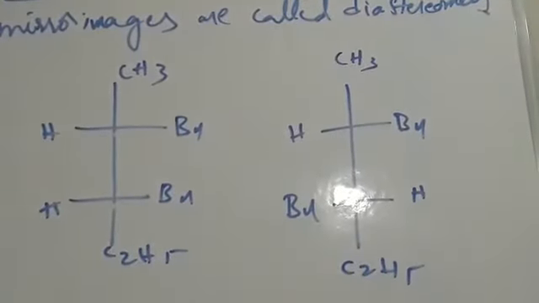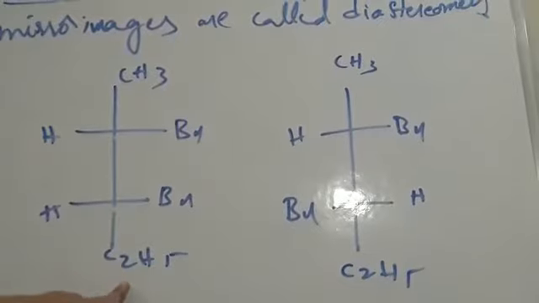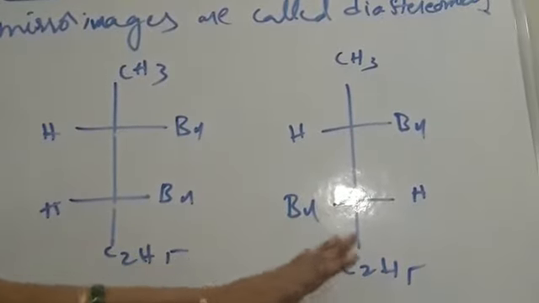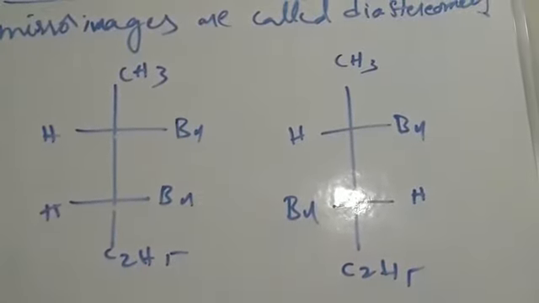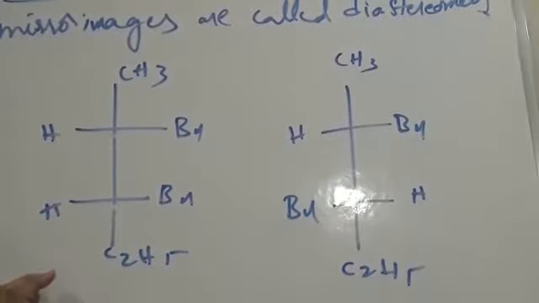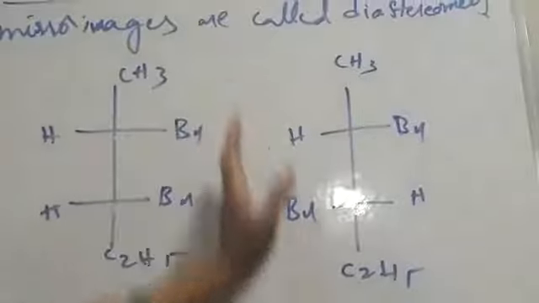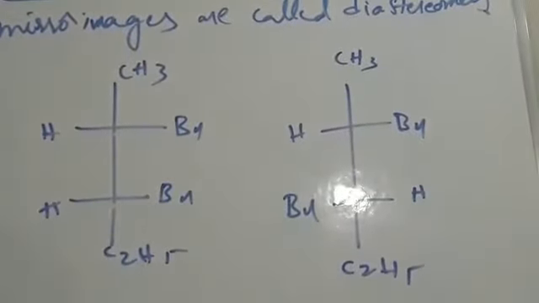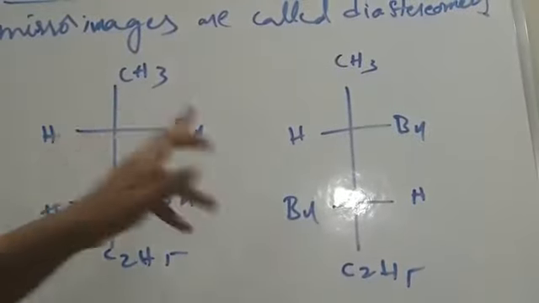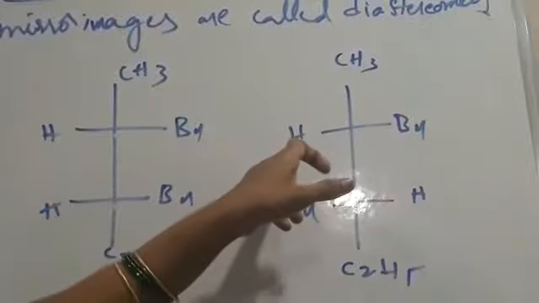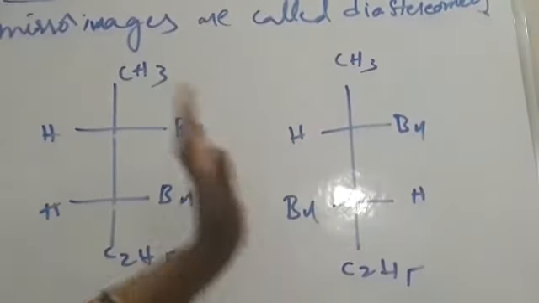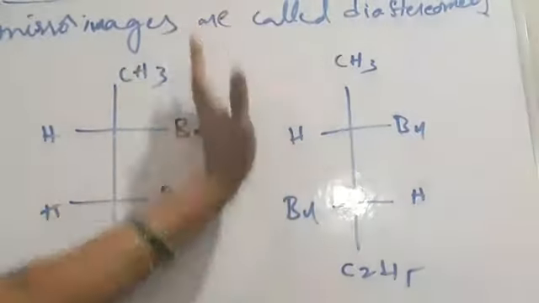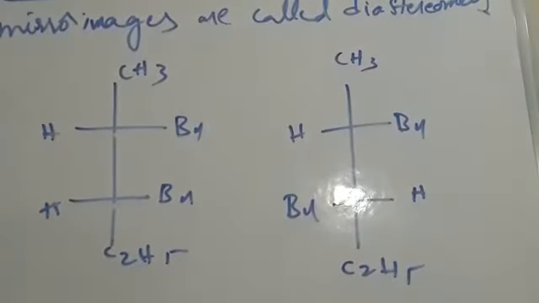These two have the same molecular formula, but here both are not mirror images of each other. If bromine is present on this side, the left side, they are mirror images of each other.